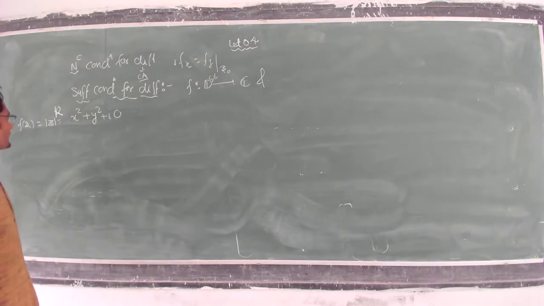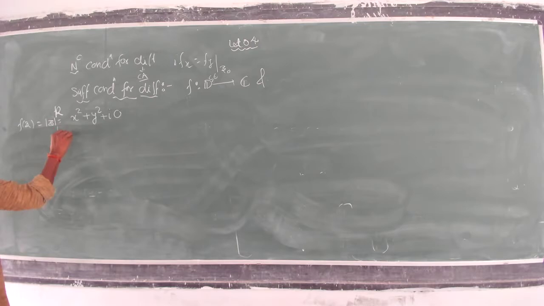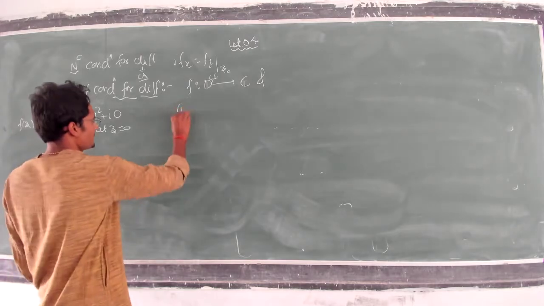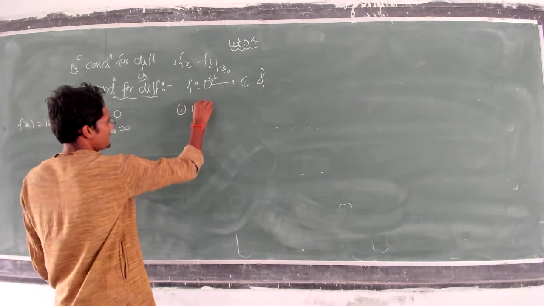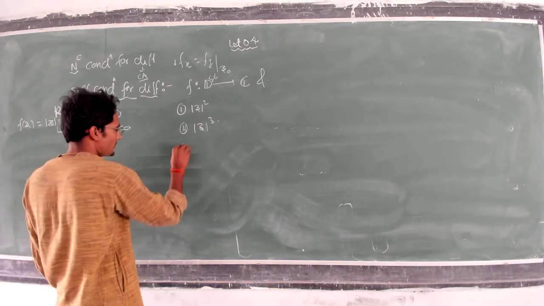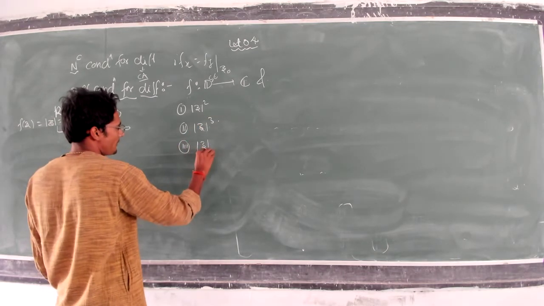Yes. So z to the power k is also differentiable at z equal to 0. So the first question is mod z square, mod z cube, mod z to the power k.